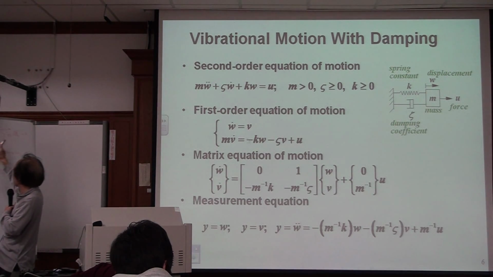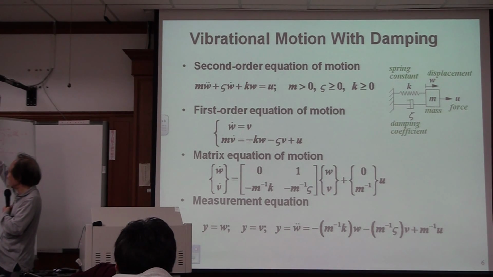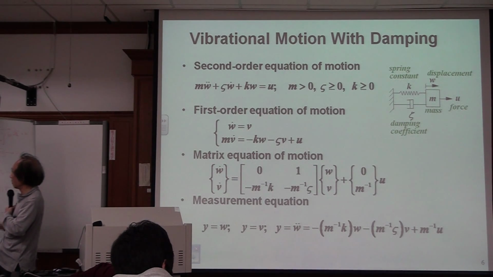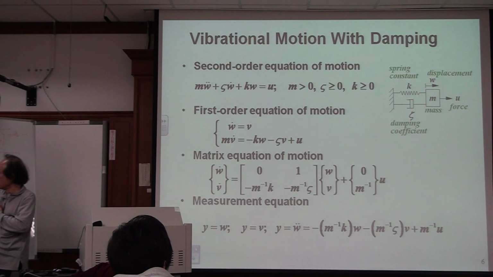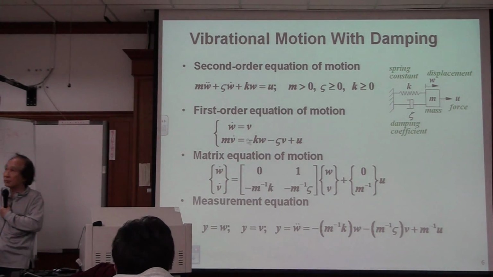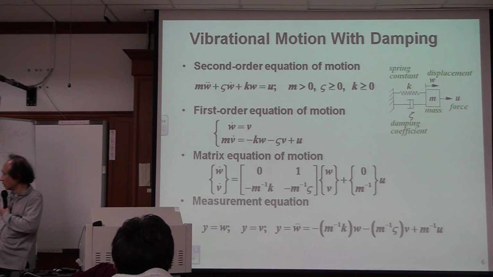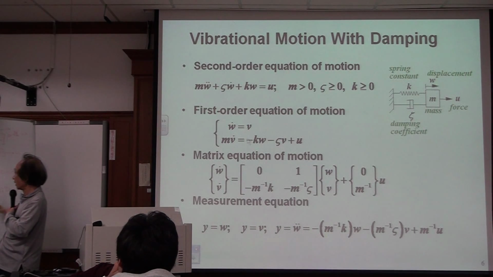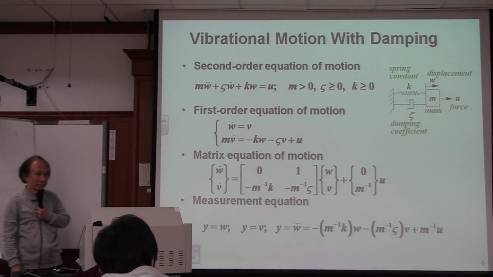That's my input matrix, the same as the rigid body motion and the vibration motion without damping. My displacement measurement, because they are independent states, is the same thing. The velocity measurement is an independent quantity, the same, like this. However, this is different.